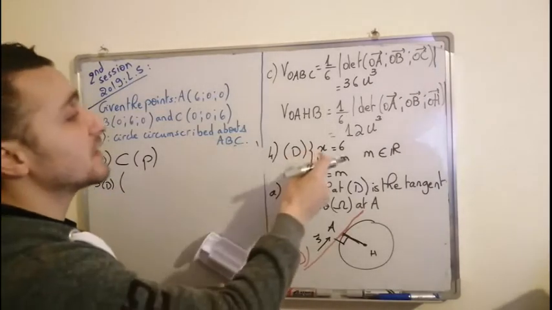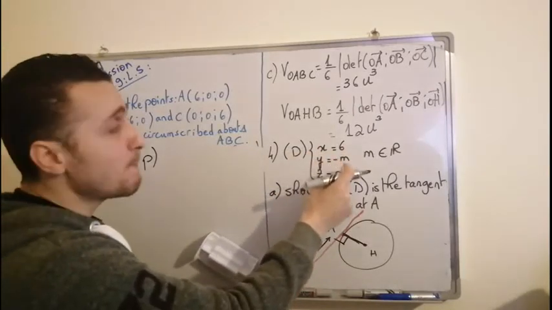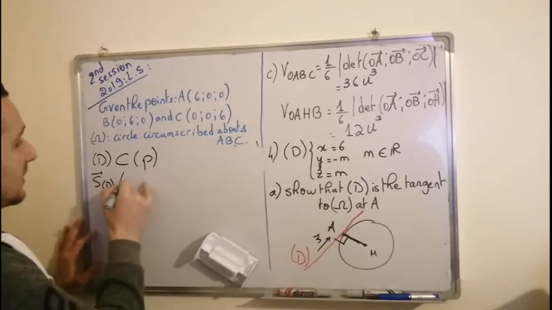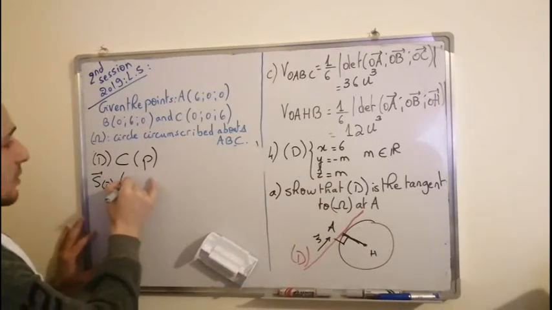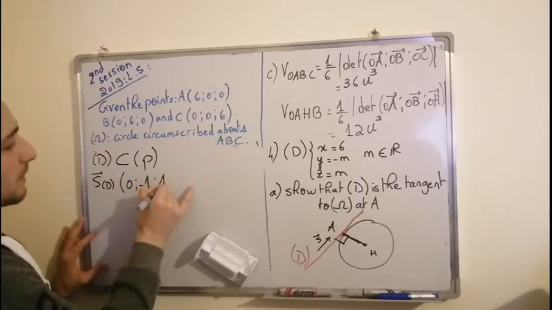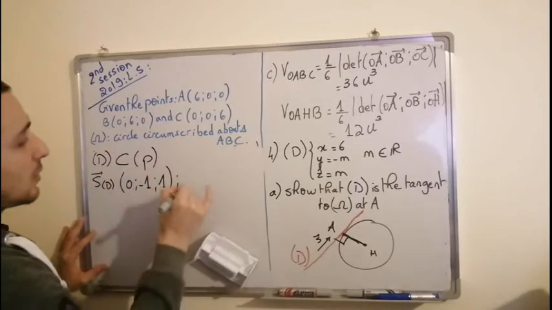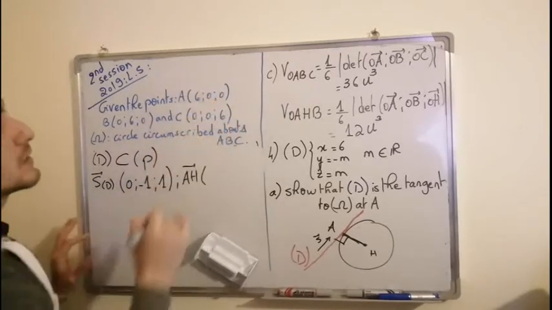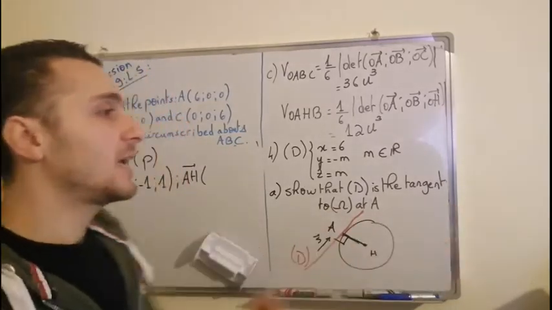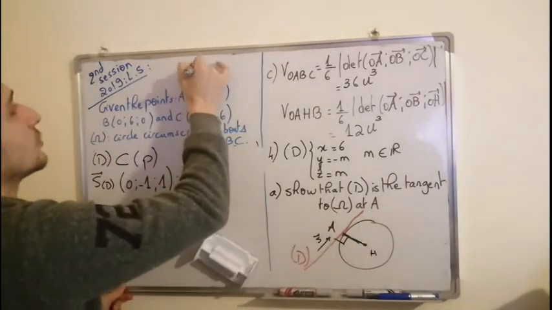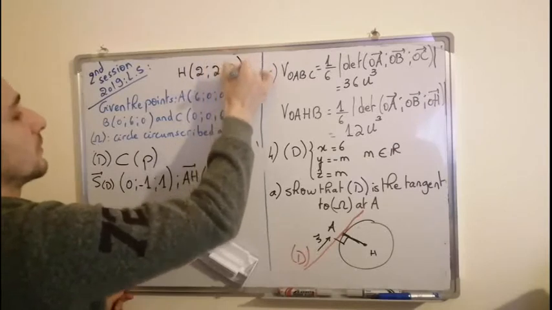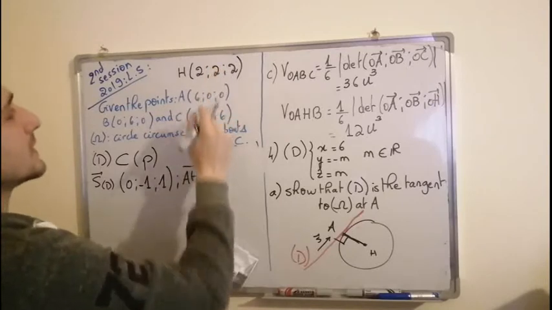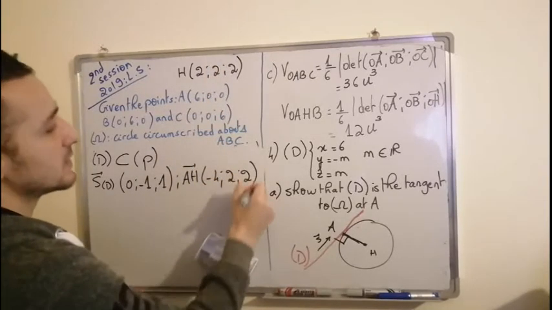The line D is given by x equals 6, y equals minus m, and z equals m. So the directing vector is (0, -1, 1). The coordinates of vector AH: we have the coordinates of points A and H. H is (2, 2, 2), so 2 minus 6 is minus 4, 2 minus 0 is 2, and 2 minus 0 is 2.